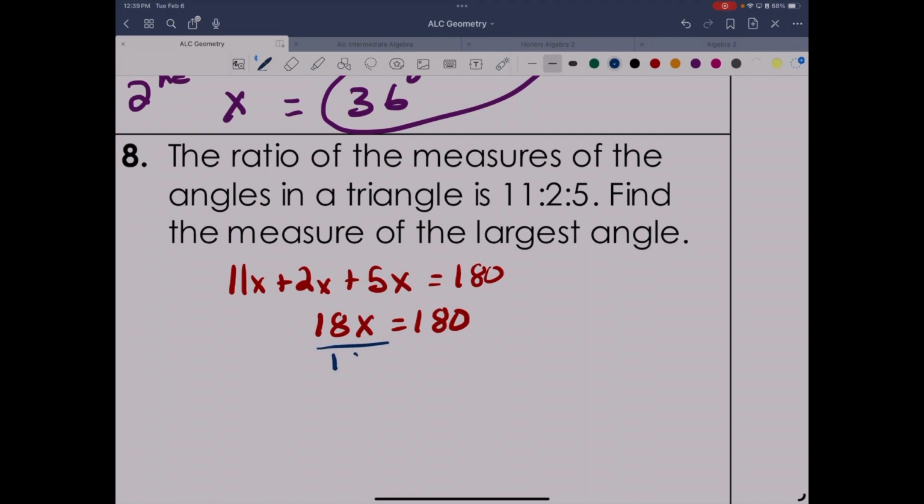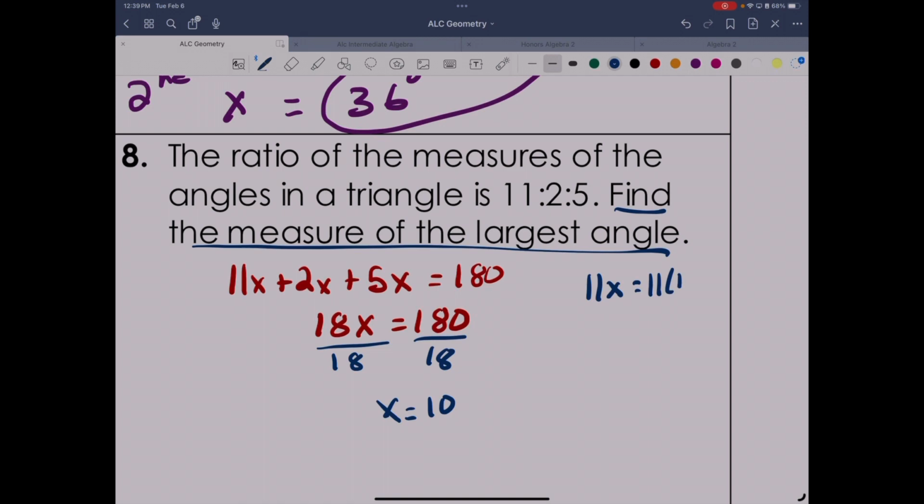Divide by 18. We get x is equal to 10. Now it says find the measure of the largest angle. Well, our largest is going to be obviously 11. So take 11 times 10, which is 110. That's our solution. Questions with that one?